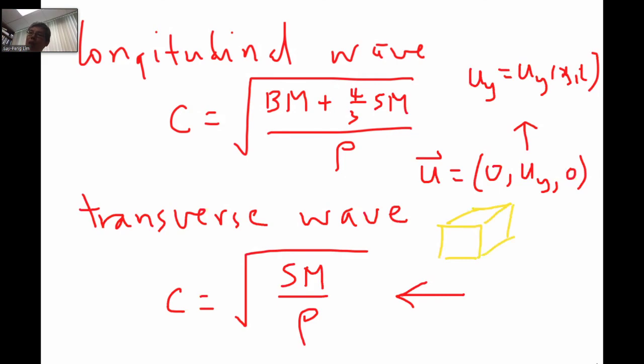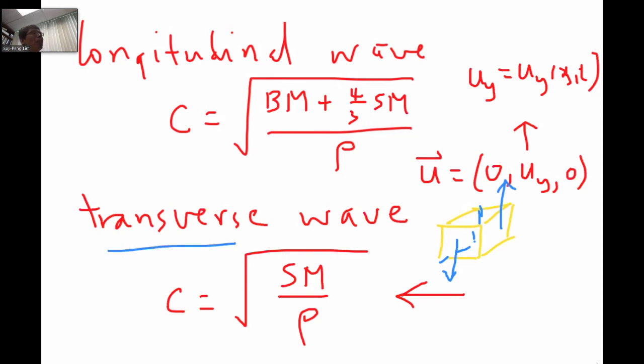So your shear force looks like this. And typically on the other face, the left face, it'll be in the opposite direction, so that the net force is 0. Your system is not moved, but it would distort. So if you cannot sustain a shear, then you have no transverse wave.